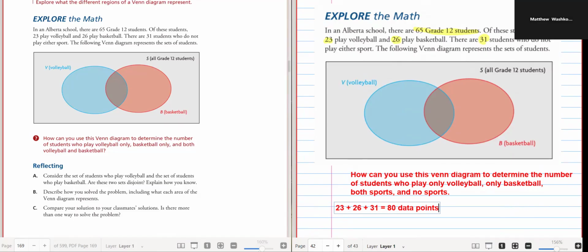But there were only 65 people here. So if there's 80 data points and 65 people, that means we have 15 that are overlapped. What that means is 15 people actually play both.